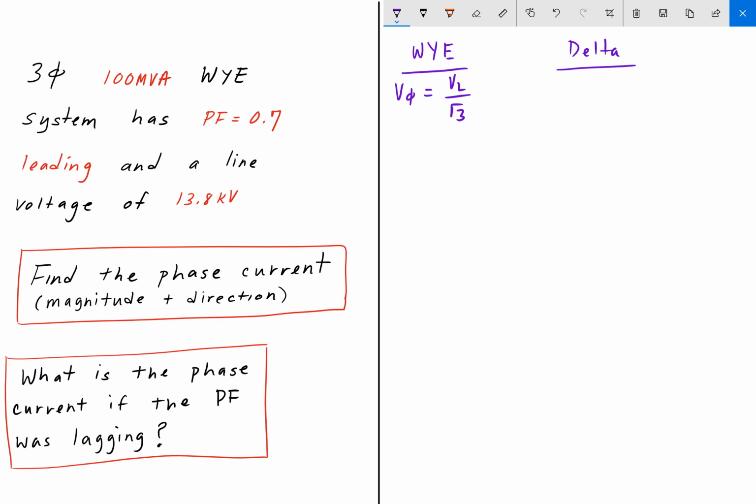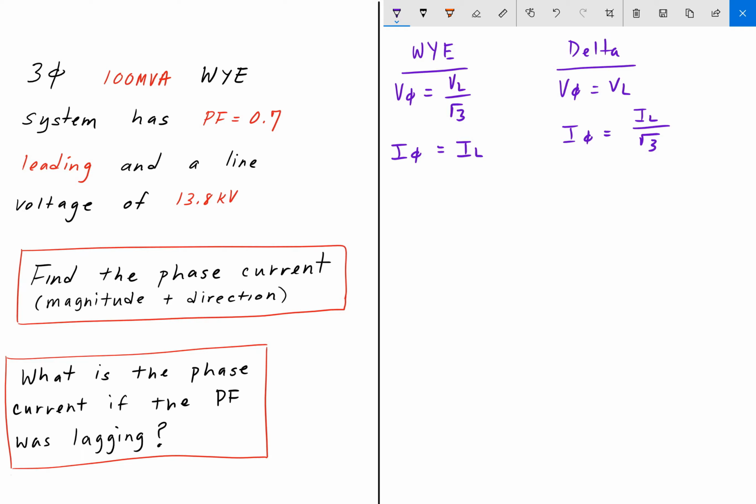And for a delta system, the phase voltage is equal to the line voltage. And for currents, for a Y-connected system, the phase current is equal to the line current. And the phase current here for a delta system is the line current divided by the square root of 3.